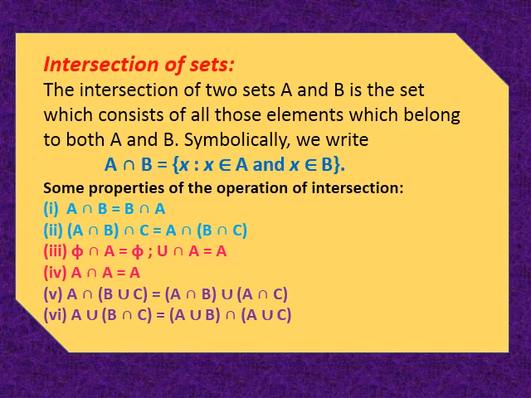Okay, then universal set U intersection A is equal to A, then A intersection A is equal to A. Then A intersection (B union C) will be equal to (A intersection B) union (A intersection C), distributive, and sixth is A union (B intersection C), which is equal to (A union B) intersection (A union C). So these two are our distributive properties. Clear? So pause and note down the points.